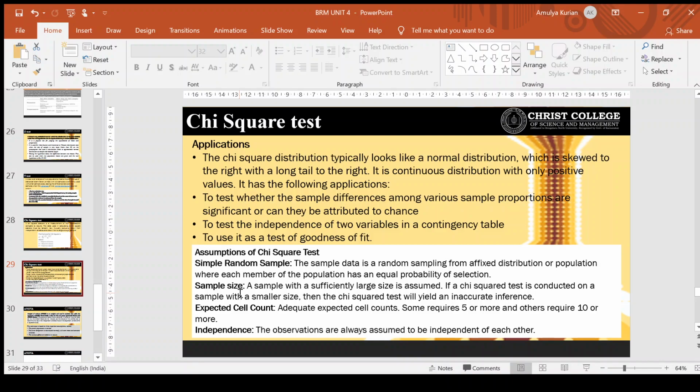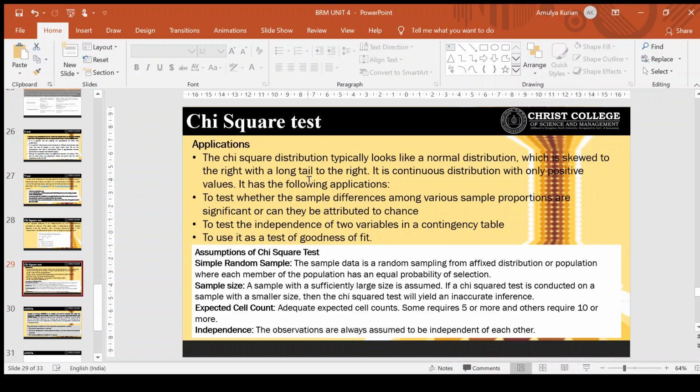That is mutually exclusive. And applications of chi-square, again it is a parametric test because it follows a normal distribution. Chi-square distribution typically looks like a normal distribution. Either it can have a skewedness, that means either the right hand side can be tapering or the left side can be tapering.